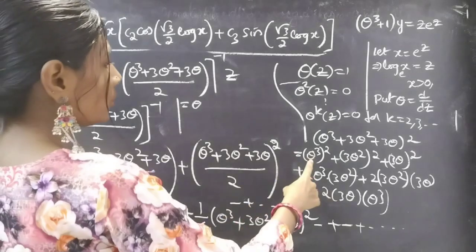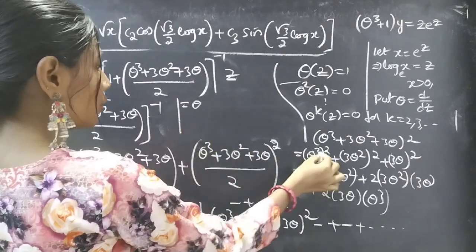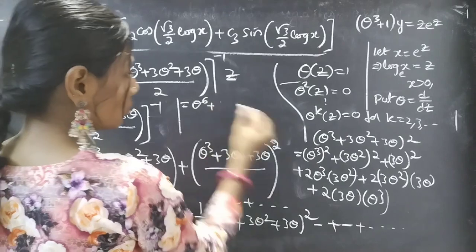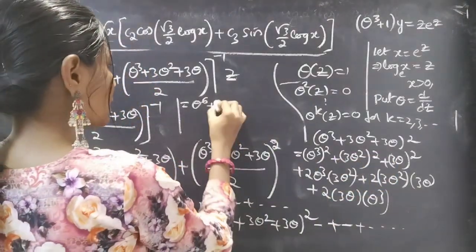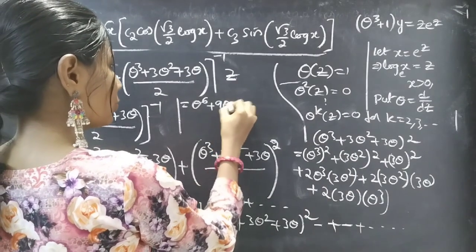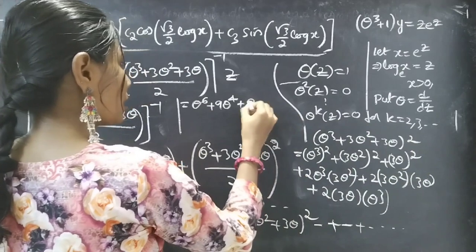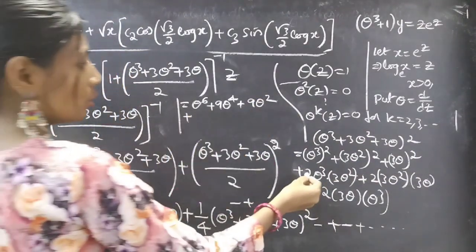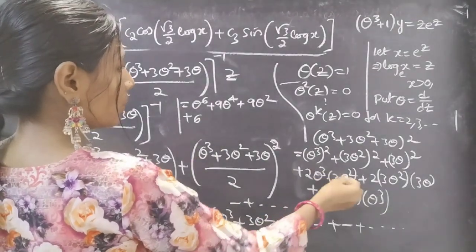Then we'll get theta cube whole square as 3 2s are 6, theta power 6, plus 3 theta square whole square is 3 square 9, theta square whole square is theta power 4, 2 2s are 4, plus 3 theta whole square is 9 theta square, plus 2 3s are 6 into theta cube into theta square.